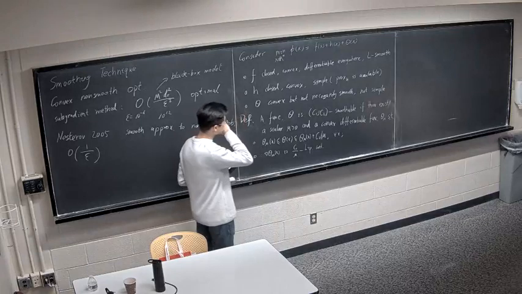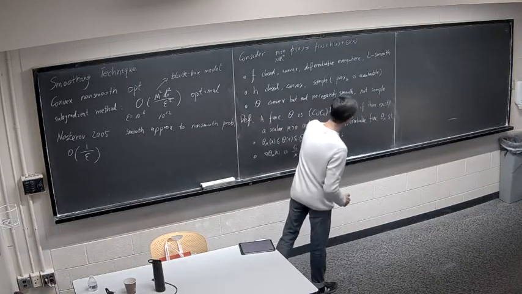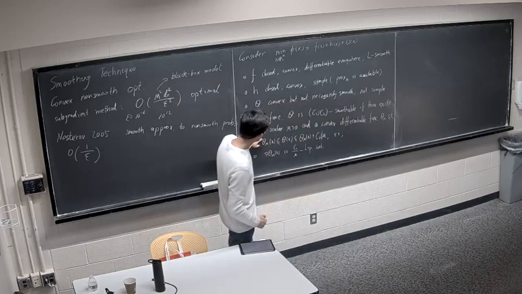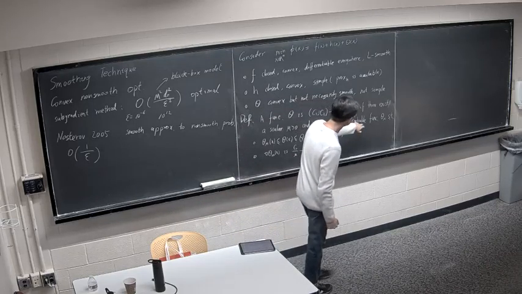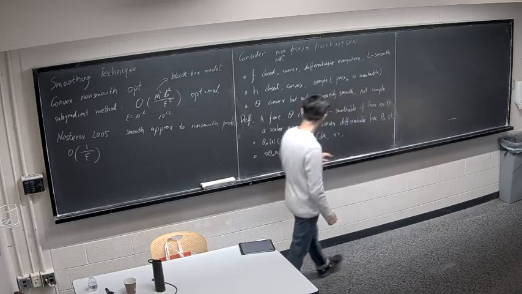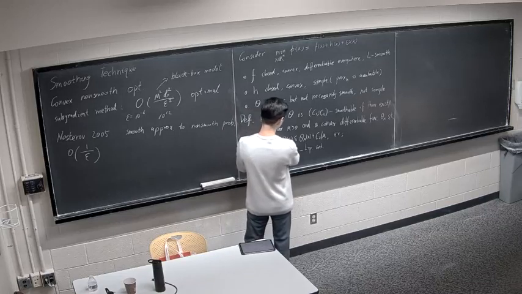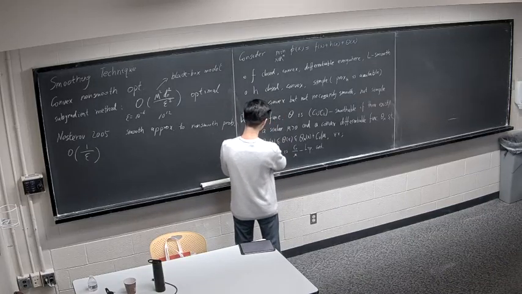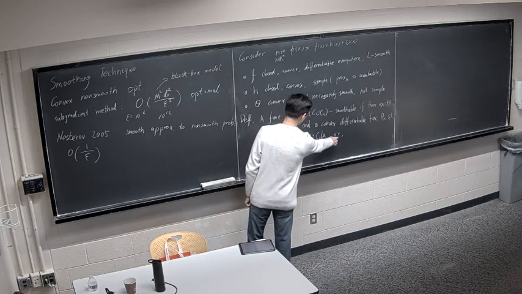So we call a function theta C1, C2 smoothable if there exists a positive scalar mu and a convex differentiable function theta sub mu such that the following two conditions hold. First, theta of x is sandwiched between theta mu of x and theta mu of x plus C2 mu for any x.